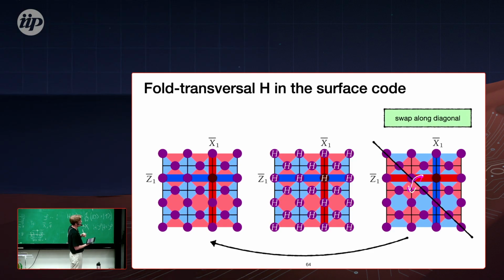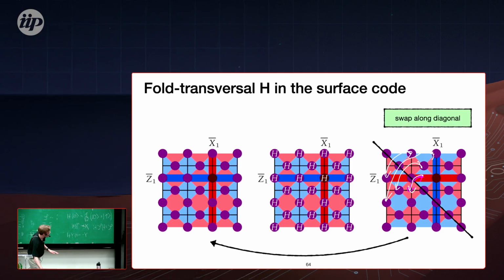And I will preserve the code space. So if I apply this Hadamard and then I do swap along the diagonal, I will actually perform a logical Hadamard on the surface code. However, I will have to swap these qubits, these qubits, these qubits, and so on. So this is also a challenging task.